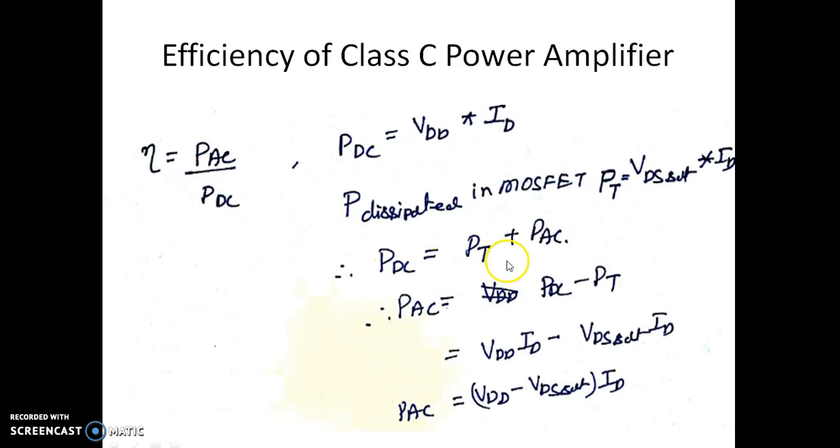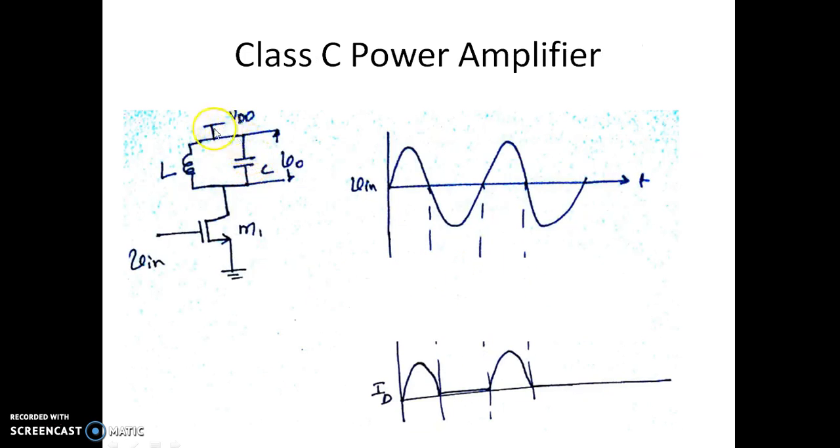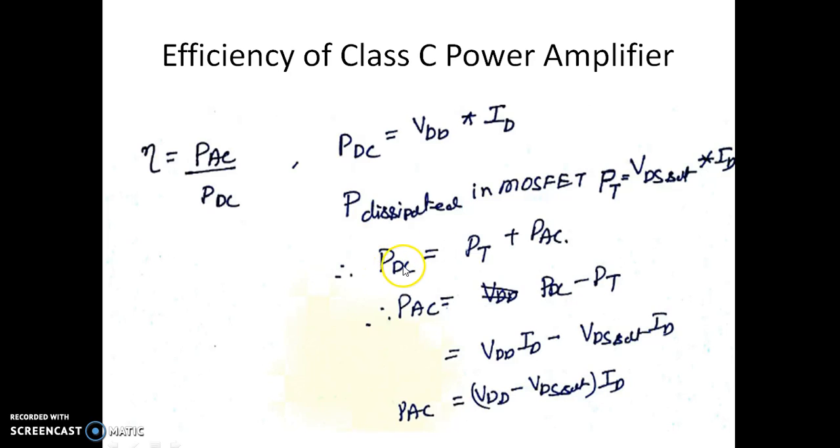So PDC is PT plus the power dissipated in the LC tank circuit, from which we can find PAC, which is PDC minus the power dissipated in the transistor. That comes out to be VDD minus VDS sat into ID. So this is the actual AC power.